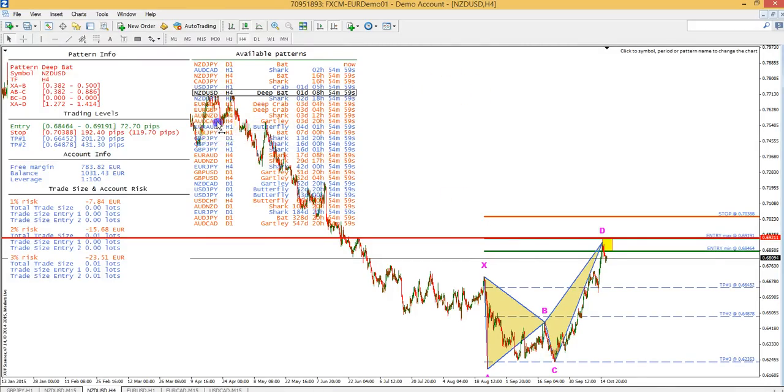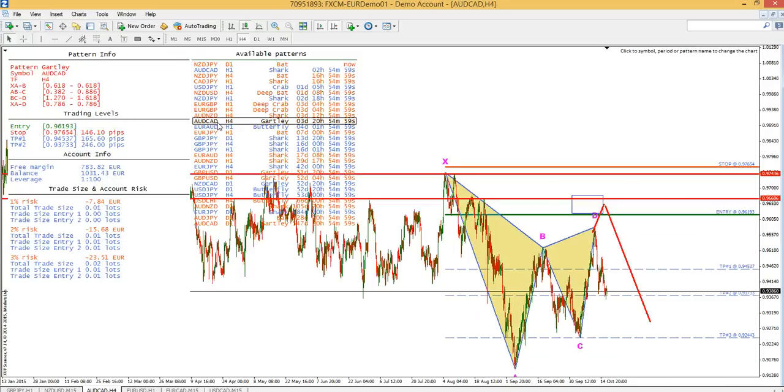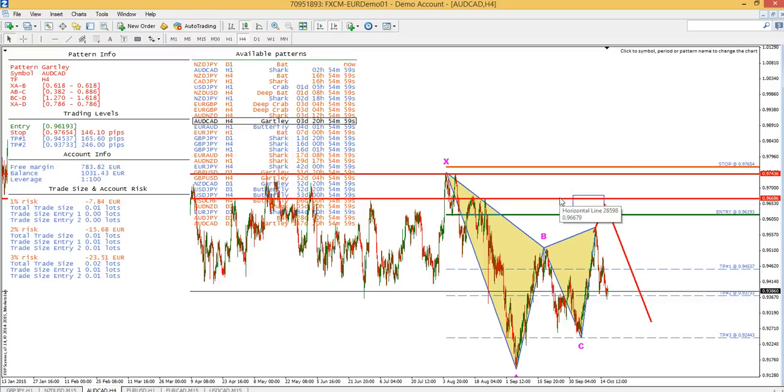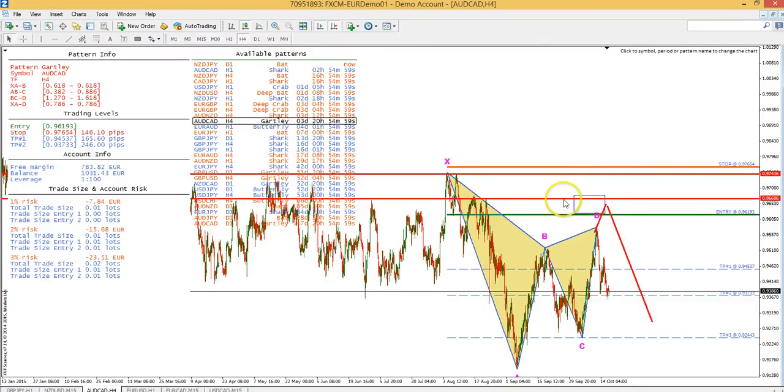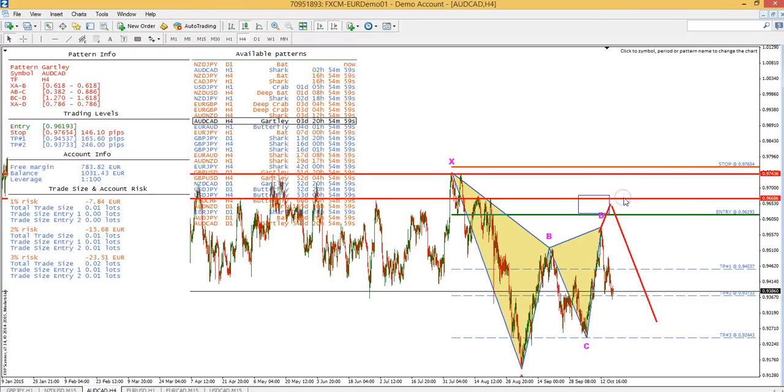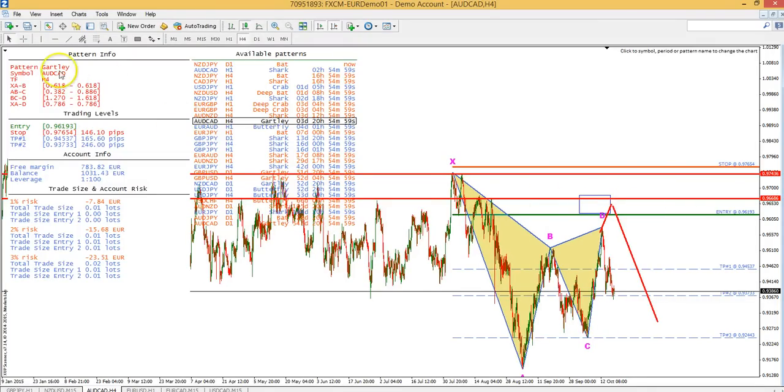So let me go to, let's try this one, AUD CAD. Again, I have this line that I drew, and here's the entry up here somewhere. Now this would be the best possible entry, this one right here. Why? Because it's aligned with this resistance zone right here.